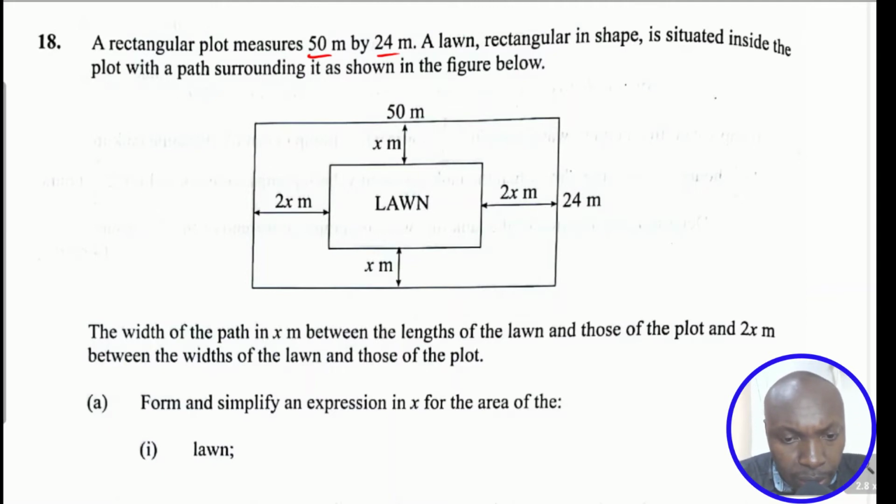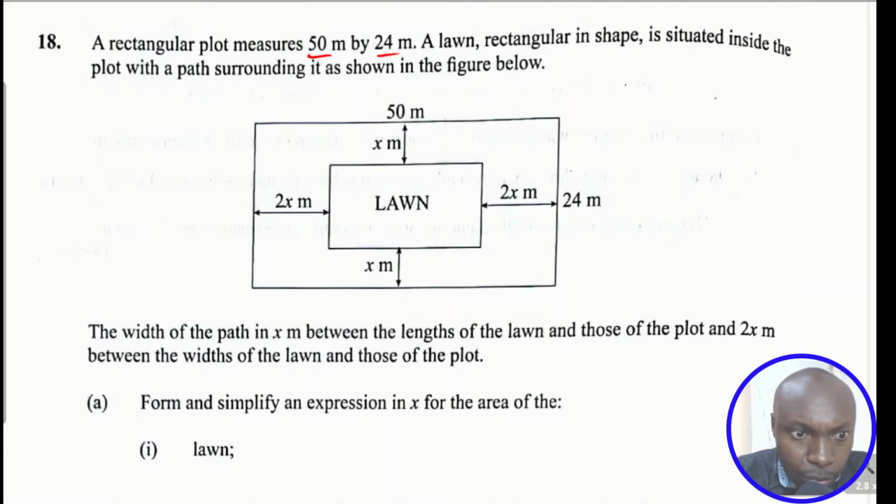So we're going to begin by getting the length of the lawn. To get the length of the lawn, we shall take the length of the rectangle, which is 50 meters. Then we subtract 2x to the left and 2x to the right.